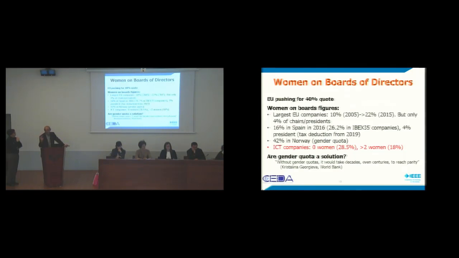Interesting, as a measure to increase this, we can emphasize that in Spain there is a tax deduction since this year for companies with women on their boards of directors. This percentage is 42% in Norway, but in Norway there has been a gender quota by law for many years.